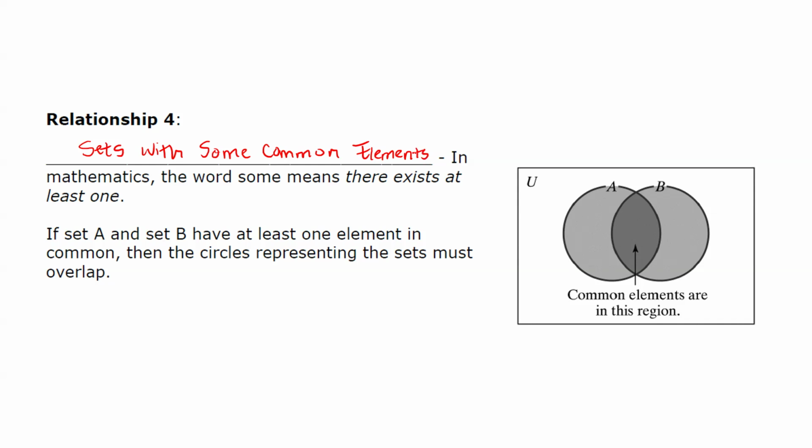So in mathematics, the word some means there exists at least one. So some means there exists at least one. So if set A and set B, you see both of them visually represented in our rectangle, have at least one element in common, then the circles representing the sets will overlap each other.